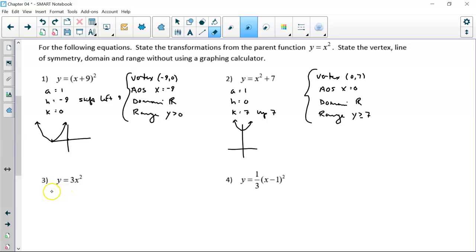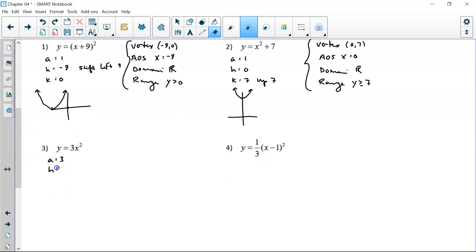Problem number 3. A is 3. That's our leading coefficient. H is in parentheses. There's no parentheses. K is the number hanging out at the end. There is none. So it's 0. So the only thing we have is a vertical stretch of 3. So we can identify our vertex. It's at (0, 0). That's h and k.